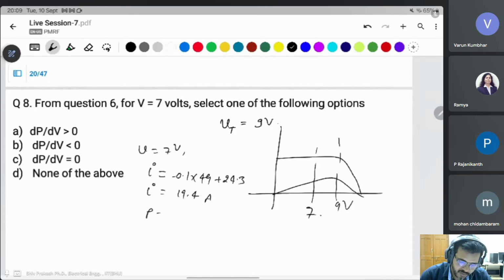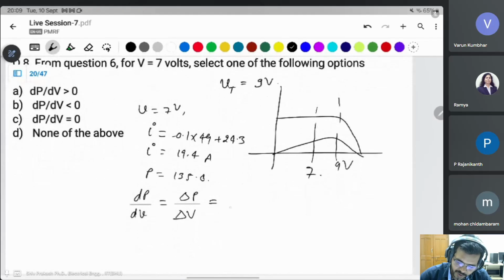And what is the power? Power is equal to 135.8. Now what is dP by dV? dP by dV simply means delta P divided by delta V, like P2 minus P1 divided by V2 minus V1.